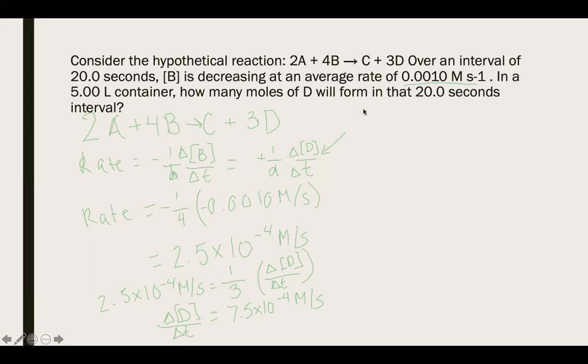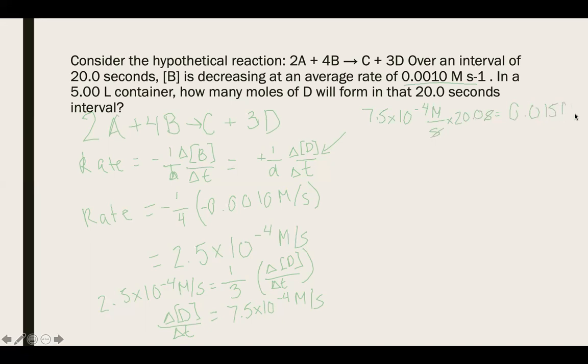You multiply your 7.5 times 10 to the -4th molar per second by 20 seconds to cancel out the seconds, and see how the concentration is going to increase over that 20-second period.